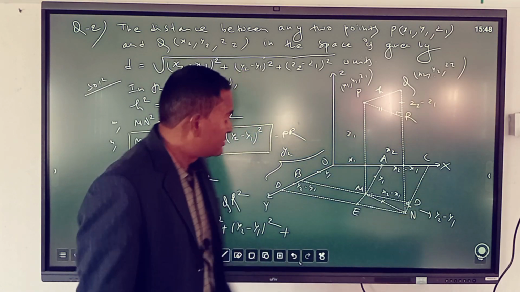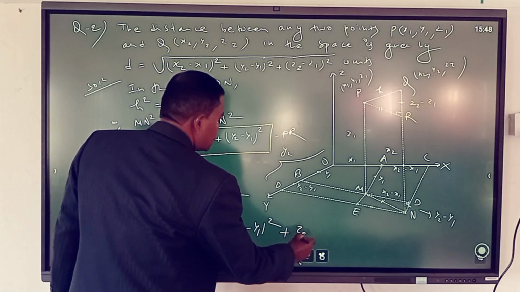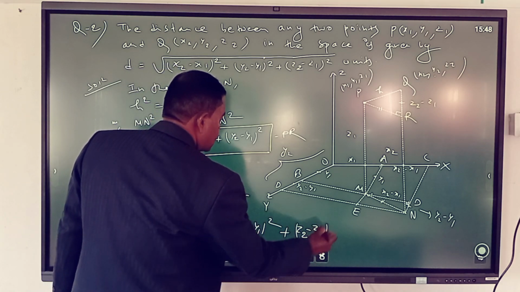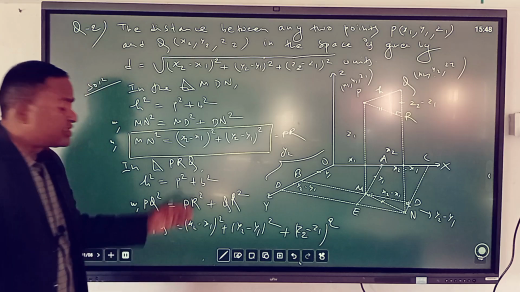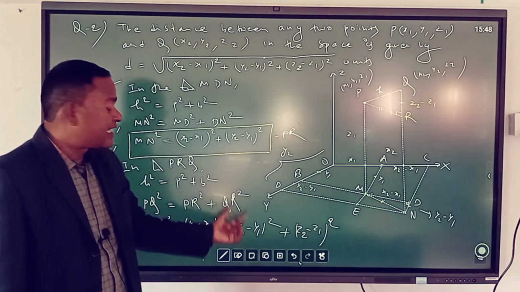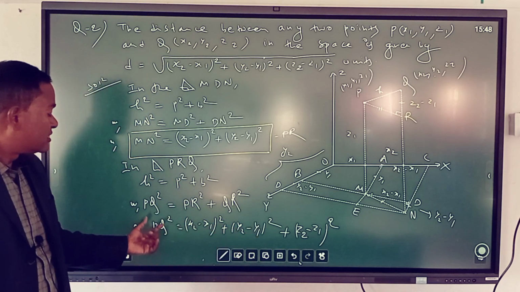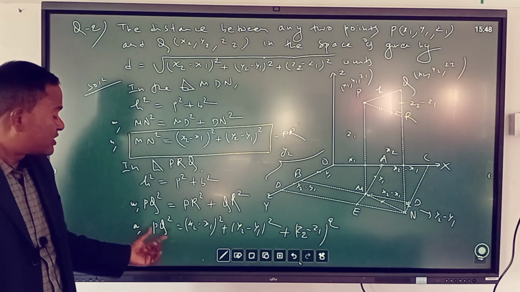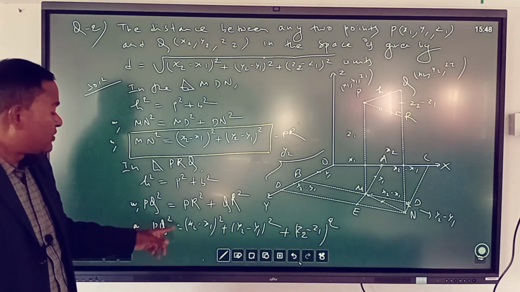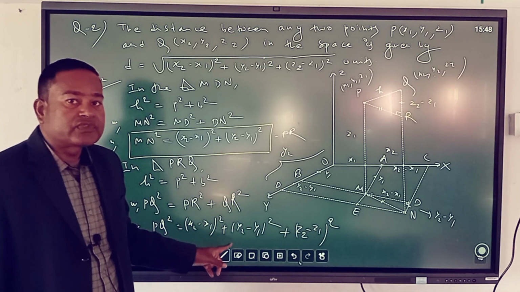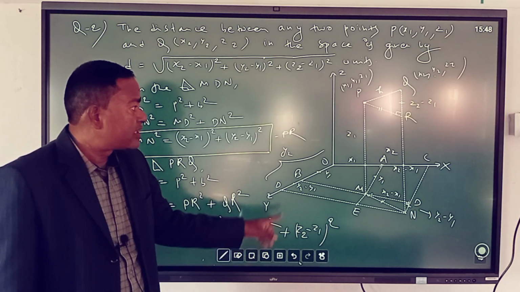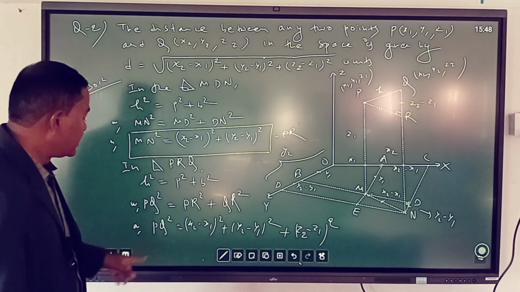So let's substitute the value. So dear student, by substituting the corresponding values of PR and QR, we have got the measure of PQ square, which is x2 minus x1 whole square plus y2 minus y1 whole square plus z2 minus z1 whole square.